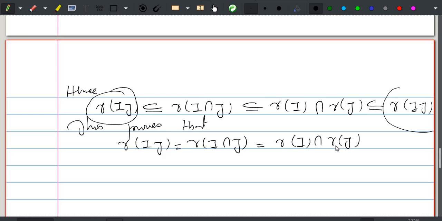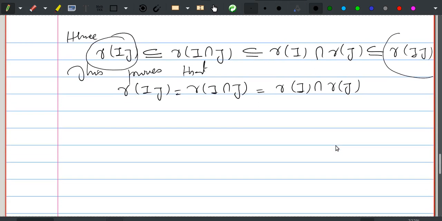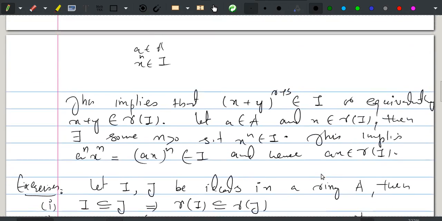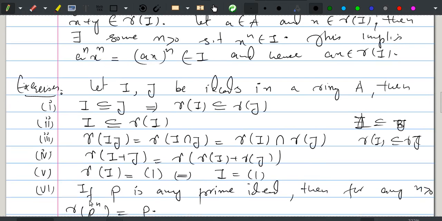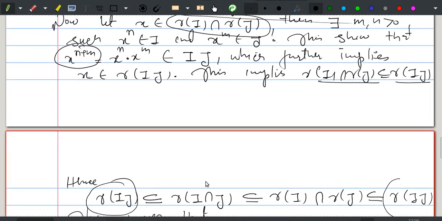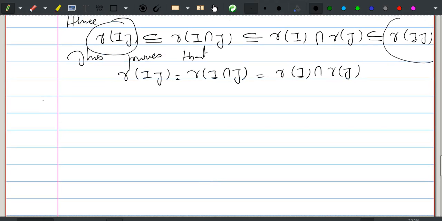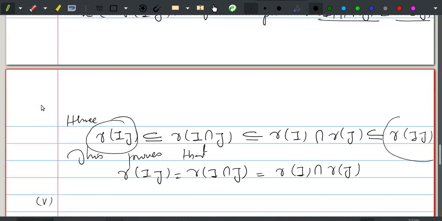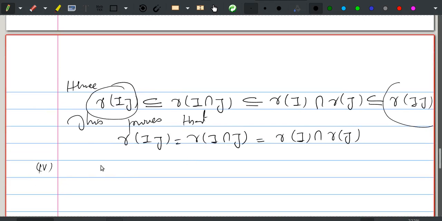Now let us prove the next item. Now by the given exercise, the fourth item is: the radical of I is the unital ideal if and only if I is the unital ideal. So let us prove this. This is very trivial. So let x belong to the radical of I, which is by definition the unital ideal.